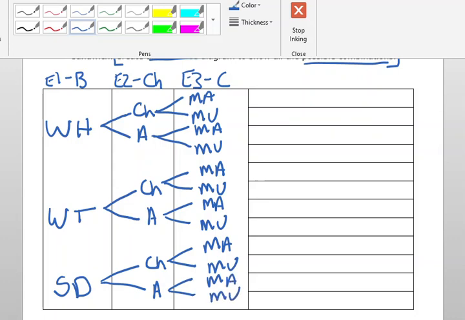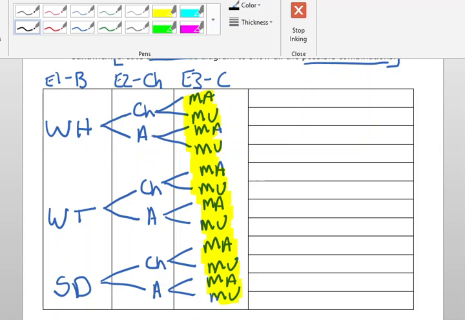Okay, so before I list my possible outcomes, I want to talk about how many possible outcomes there are and test that with our new rule. All right, so I'm going to highlight this. This is going to show me how many possible outcomes there are. Okay, and that's 1, 2, 3, 4, 5, 6, 7, 8, 9, 10, 11, 12.